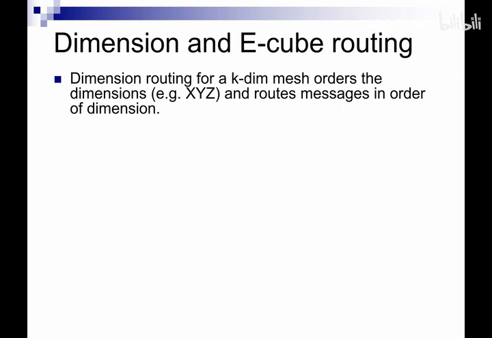Either x, y, z, or z, y, x, or something, but we're going to fix the order. And then when you route messages, you're always going to send the messages through the dimensions in this fixed order. So you always, for example, route in the x direction first, and then y, and then z. I mean, you could use a different path which goes z, y, x, but if you're doing dimension routing, you don't do that. You always go in the same order of the dimensions.